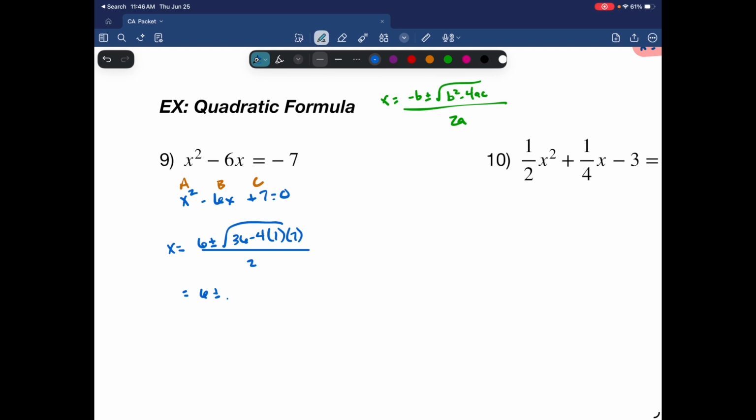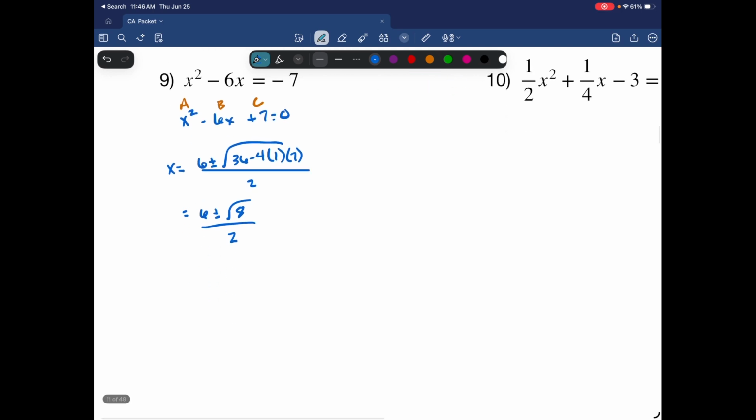So 6 plus or minus square root of 8 all over 2. Now we can simplify the square root of 8, so that's going to be 6 plus or minus 2 square root of 2 over 2. And then I can reduce this, so that'd be 3 plus or minus square root of 2. And that would be my answer.